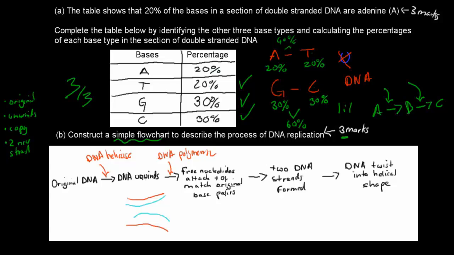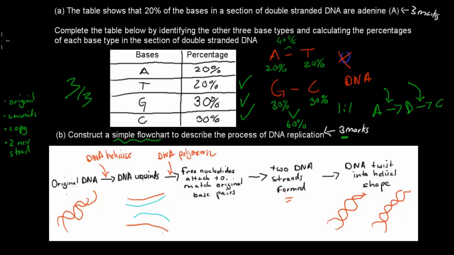What happens next is, after all of this is done, there are 2 strands which are formed, right? So we've gone from 1 to 2 strands, and then they twist up again. So then DNA twists up into the original helical shape. So here they were a helical shape, like that. And then they've got unwound here. And at the end, they'll be formed, and then they'll wind up in their original shape. Only difference is now we have 2 as opposed to 1.